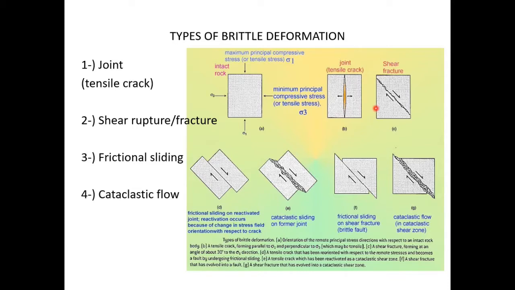If you can find any evidence for displacement or slip, then most likely it is a fault plane. If you don't see any evidence for slip or offset, if marker layers are not displaced, then it is possible that you are measuring a joint or tensile crack.